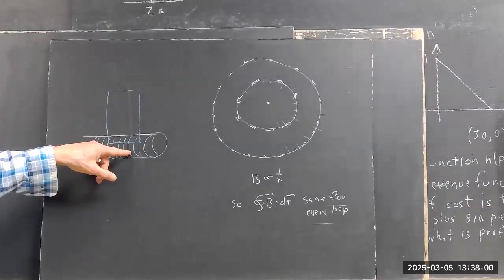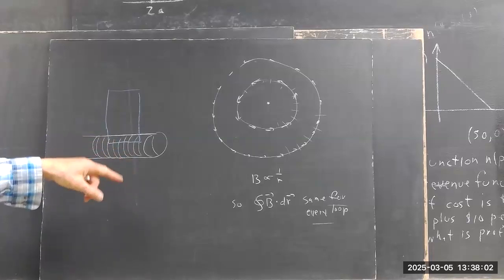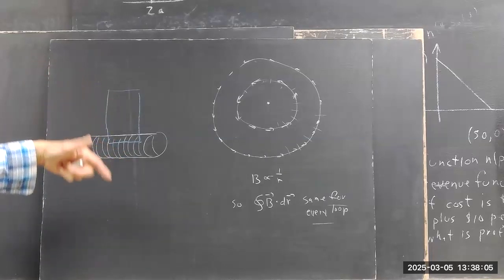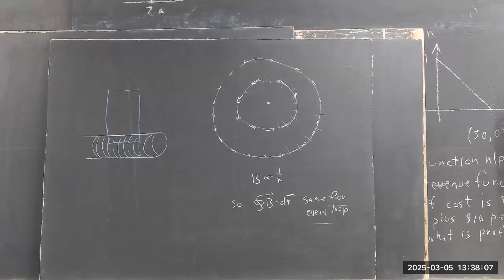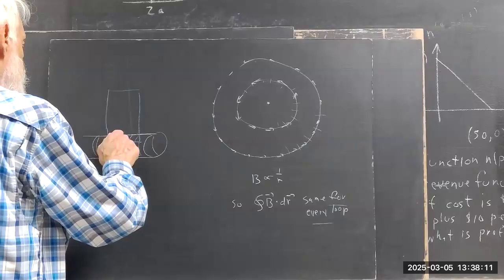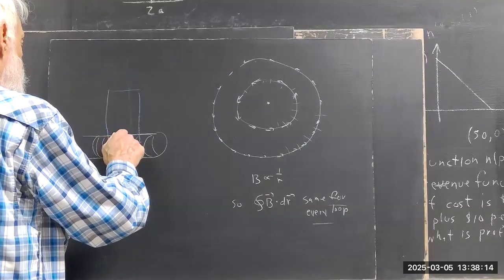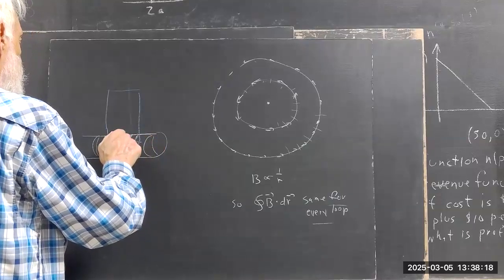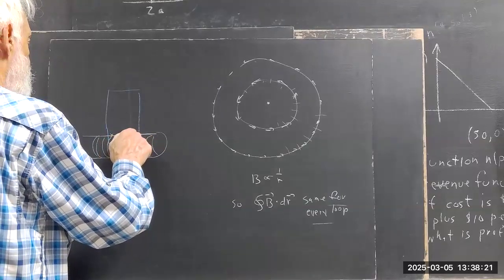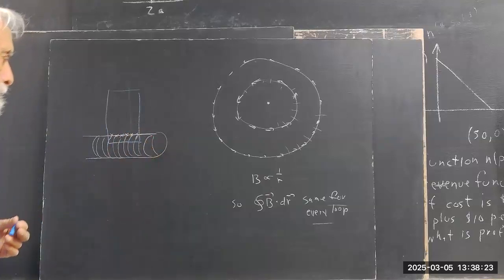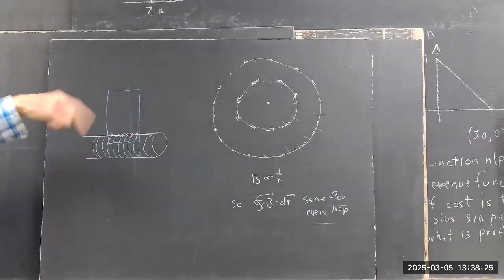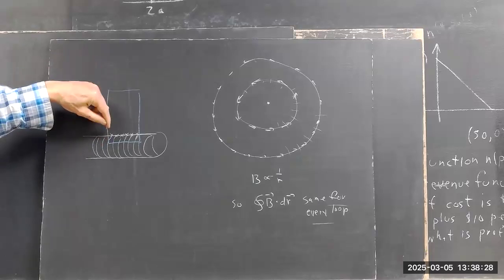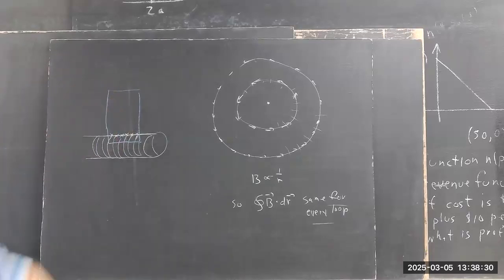Now this path goes to the inside of the cylinder. And that path is cut by the way I've drawn it here. Whatever the current in this wire is, it cuts this path 1, 2, 3, 4, 5, 6 times the way I've drawn it.